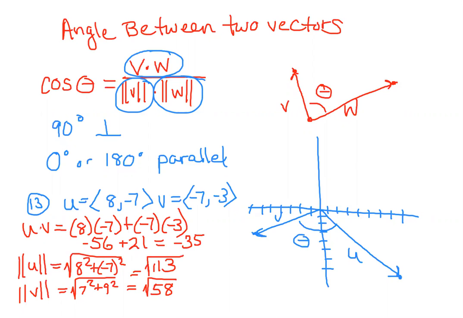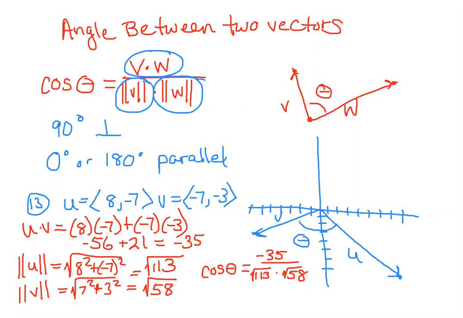Oh, I did that wrong. This would be 3 squared. Okay, so 49 plus 9. And then we're going to say cosine of theta equals -35 over the square root of 113 times the square root of 58. You're just going to be putting this in your calculator, so you don't need to simplify these square roots at this point.